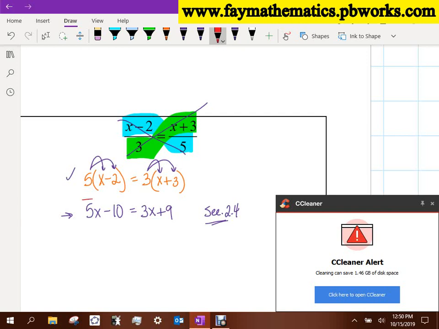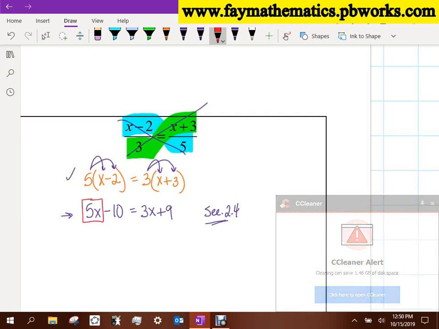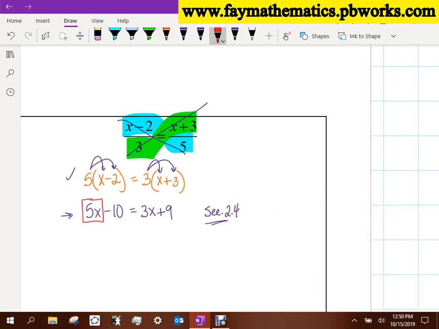So I'm going to leave that 5x there. So how do I get this 3x over there with it? Subtract 3x. And I come over here and subtract 3x. So it's going to need 2x minus 10 equals then 9, right?